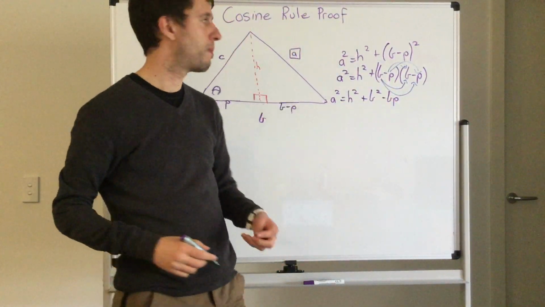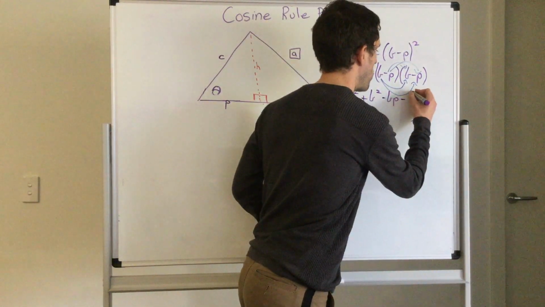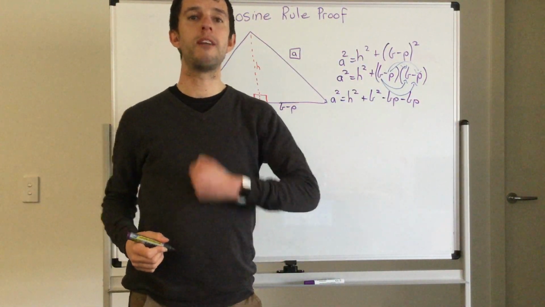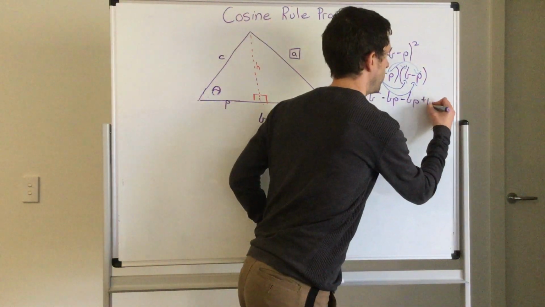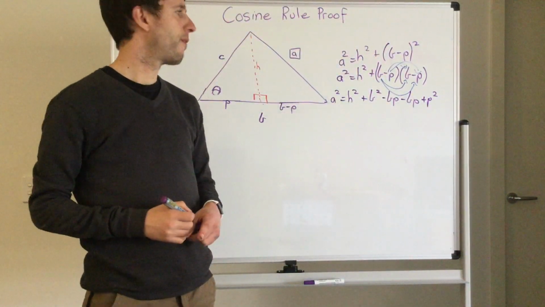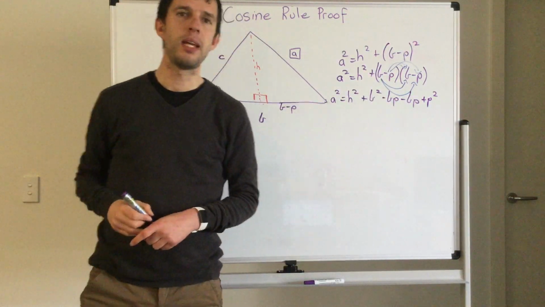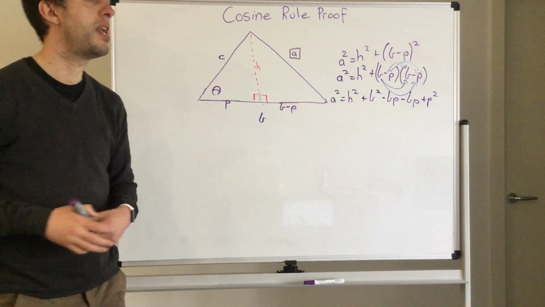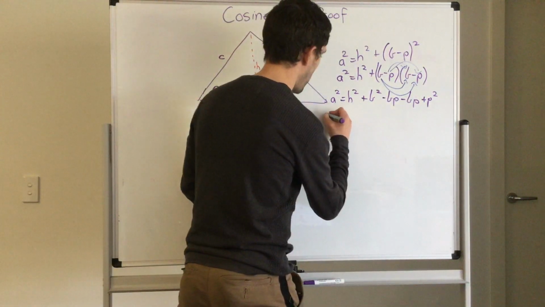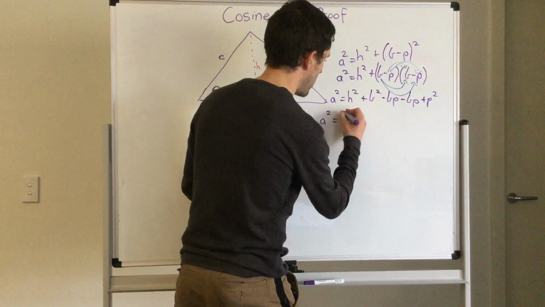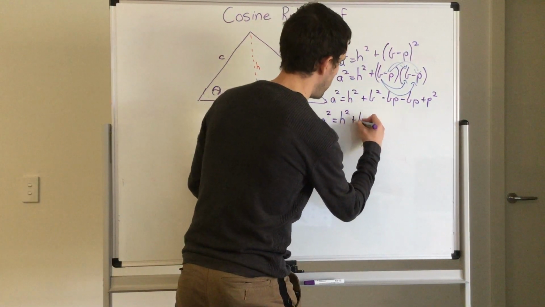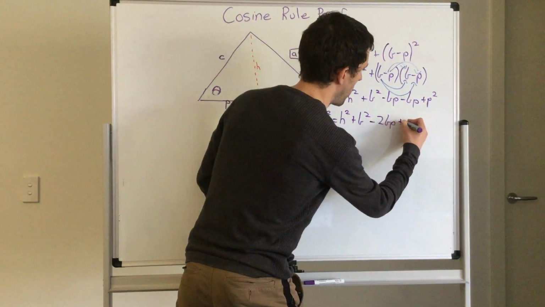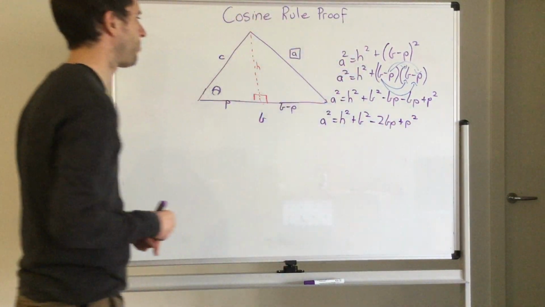Negative P times B is negative BP. And negative P times negative P is positive P squared. I can simplify that because if I've got a negative BP and I'm taking another BP away, it just means that I've got negative 2BP. So I will simplify: A squared equals H squared plus B squared take 2BP plus P squared.